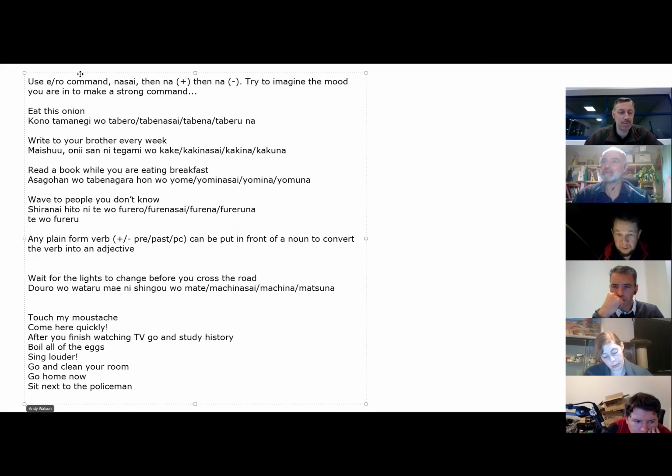You're not going to say 'mate kudasai,' because it's for their benefit, not yours. So even with people, perhaps not with a teacher or a manager, but anybody of a similar level, you might say 'machinasai' because it's for their benefit. So you can have it a little bit less polite than just saying 'mate onegai shimasu ka.'